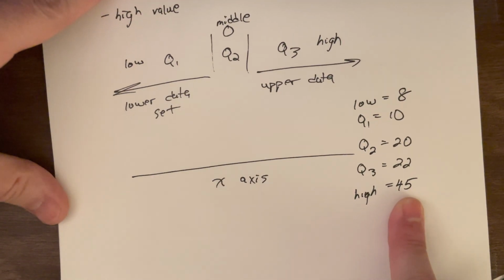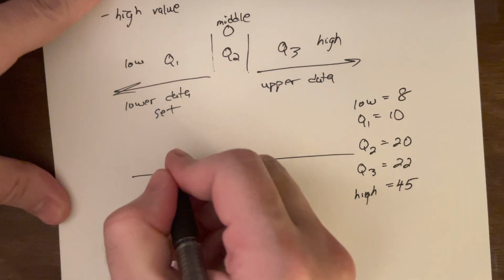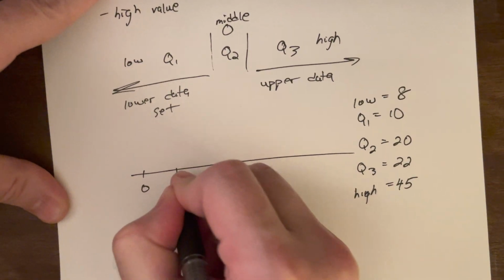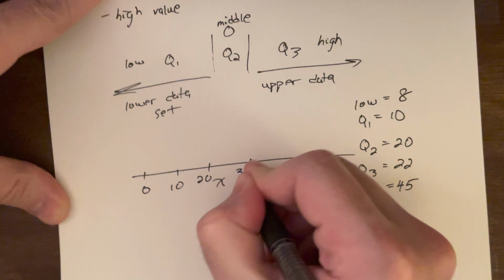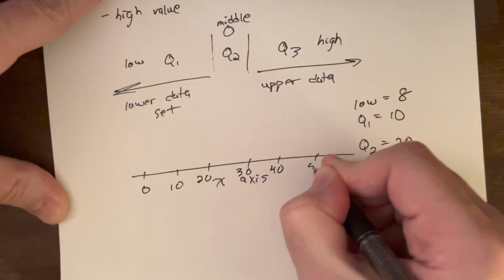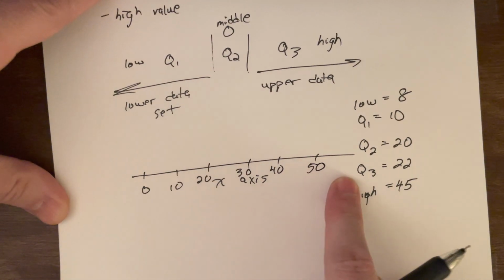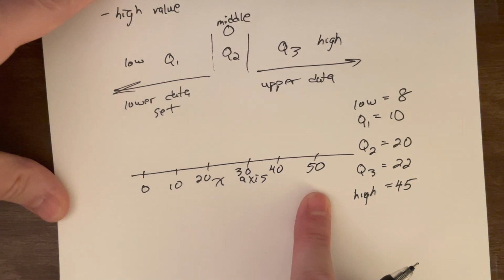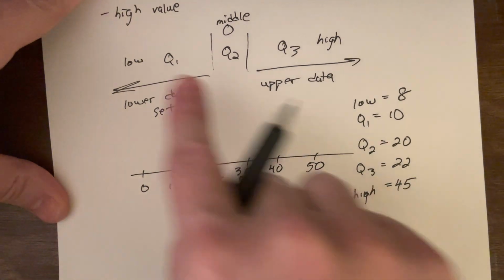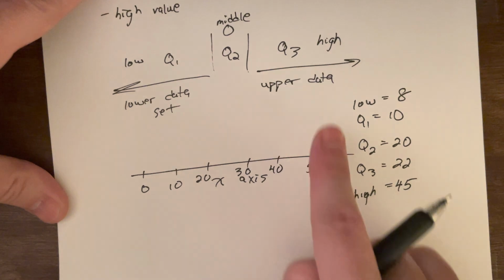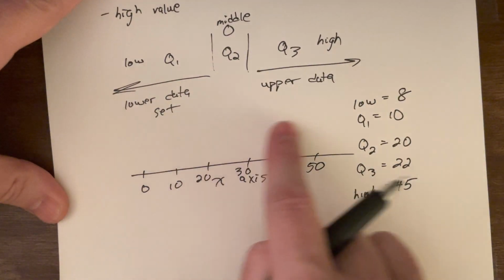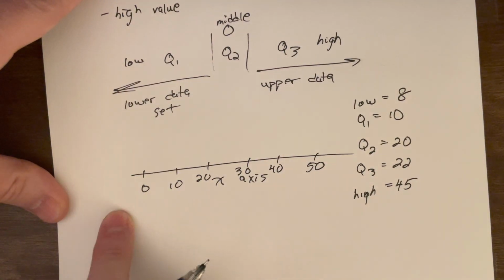If those were our 5 numbers, well, let me get some scale on here. So I'll go 0, 10, 20, 30, 40, 50. And my scale on the actual x-axis, I'm trying to be consistent. But now I don't just mark these 5 values off randomly. I put them where they go in relation to these numbers.